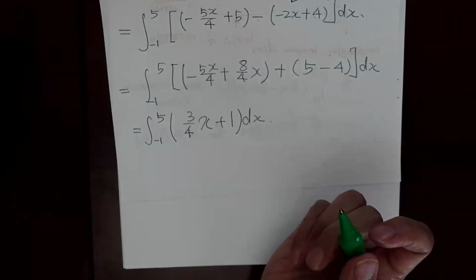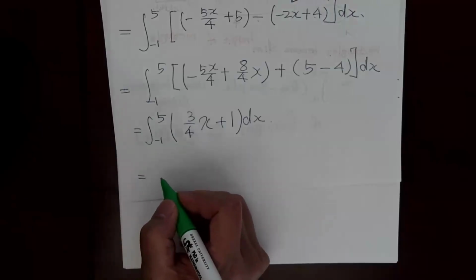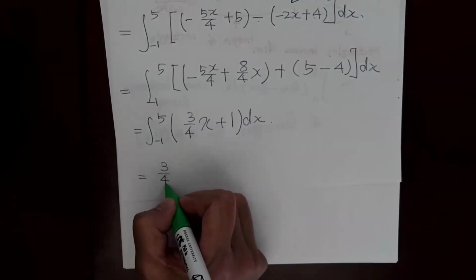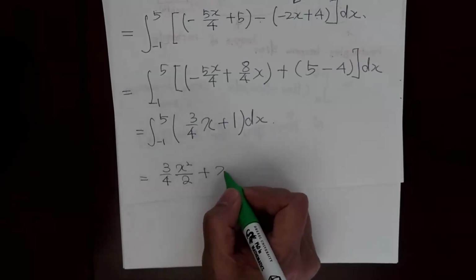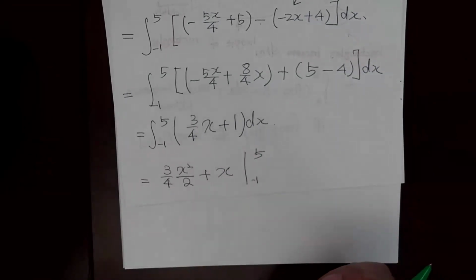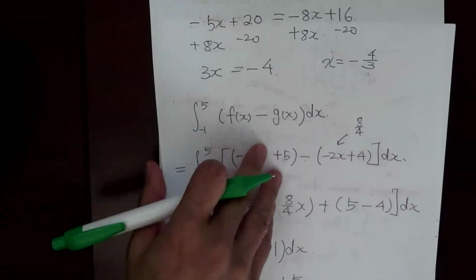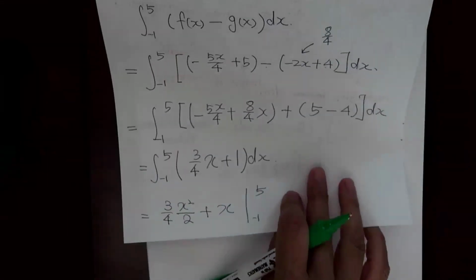And then we will do term by term differentiation. So it'll be 3 over 4 x squared over 2 plus x from -1 to 5. And then what is this?